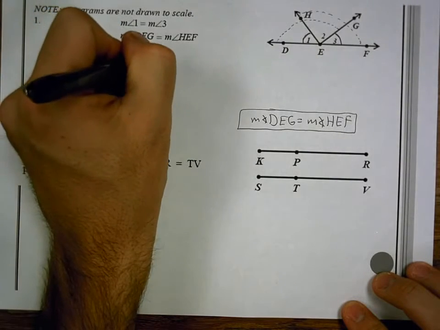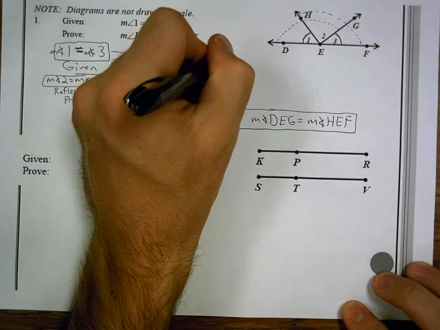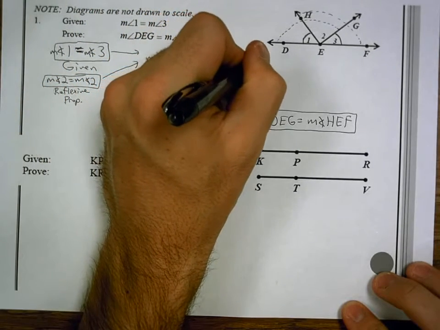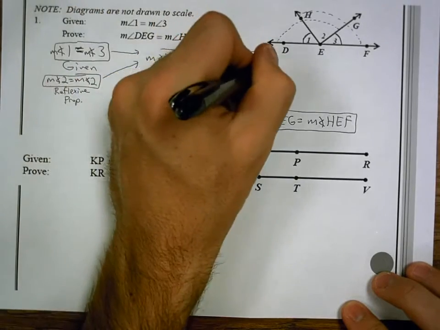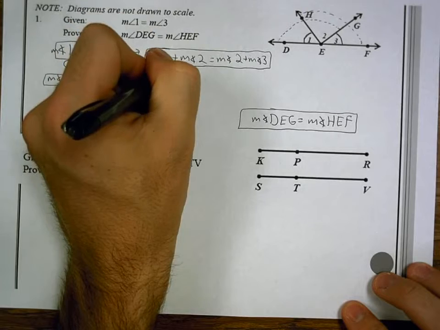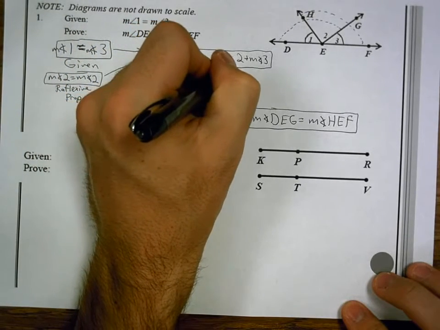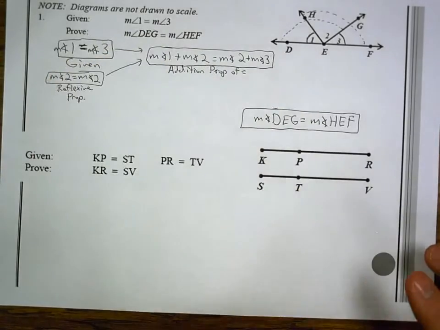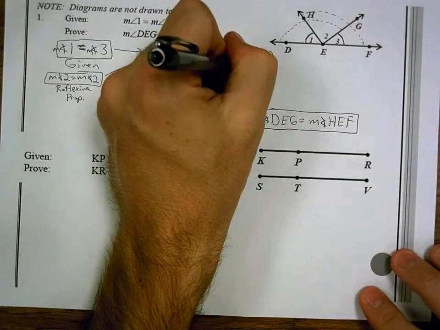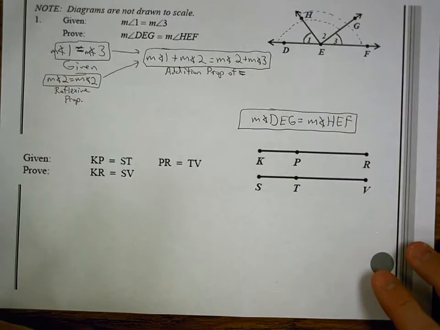So the measure of angle 1 plus the measure of angle 2 equals the measure of angle 2 plus the measure of angle 3. The reason we can do that is the addition property of equality, not to be confused with angle addition, which is adding up the parts and setting equal to the whole.